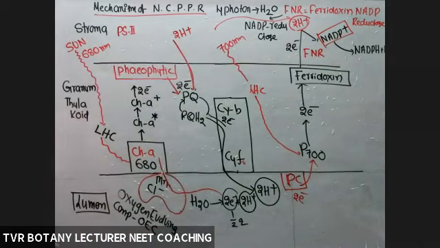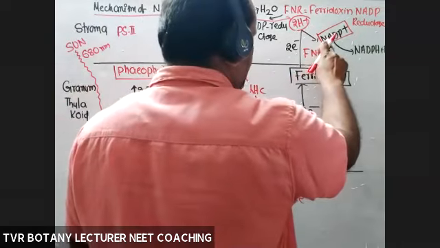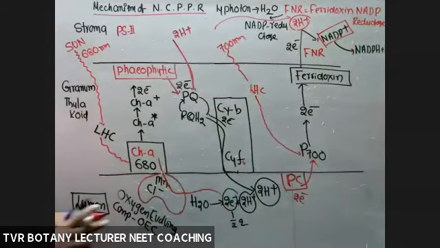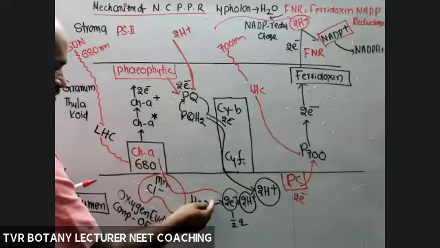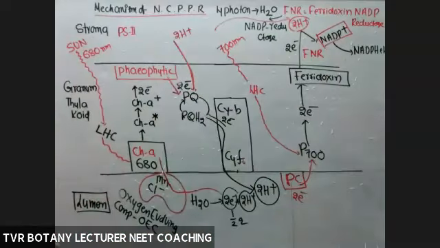Electron transport system completed. So out of assimilatory power or reducing power, so far only NADPH plus produced. Now what is the ratio between H2O molecules and NADPH plus? Only 1:1 ratio.